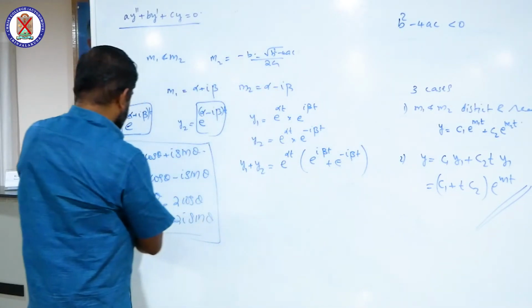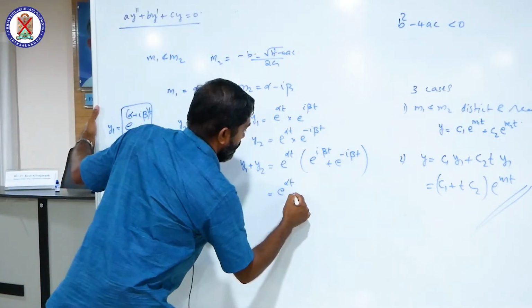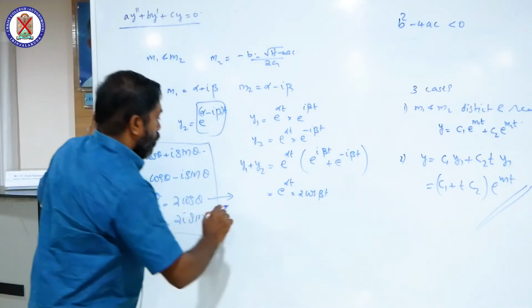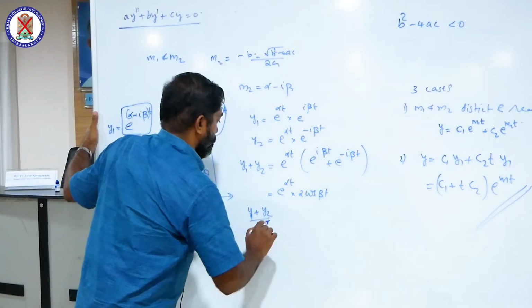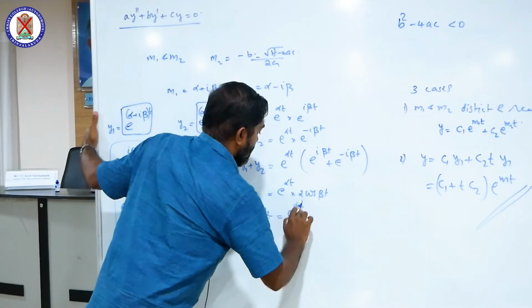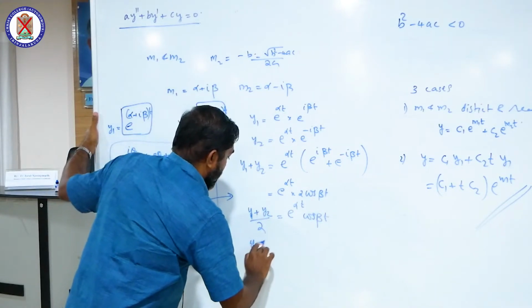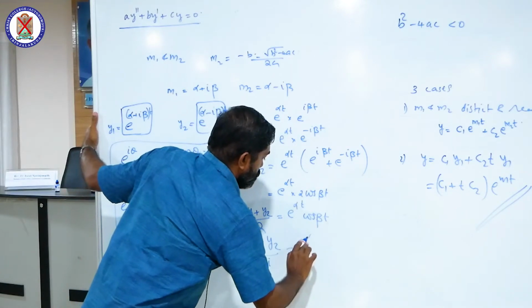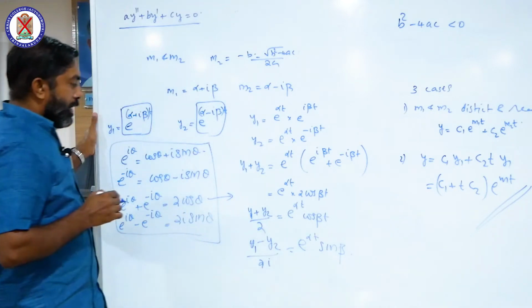If I use this formula here, we will get e raised to alpha t into 2 cos beta t. So y1 plus y2 by 2 equals e raised to alpha t into cos beta t. Similarly, y1 minus y2 by 2i gives e raised to alpha t into sin beta t.